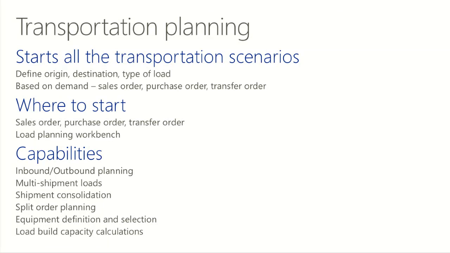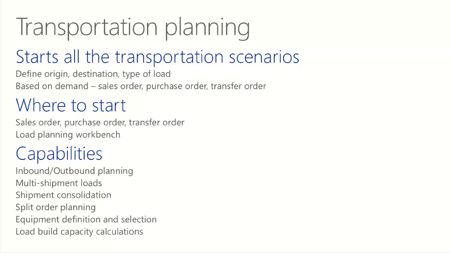In AX, in the TMS module, this is always based on some kind of demand. So that demand needs to come either from the sales order, the purchase order, or the transfer order. And again, I would like to point out that these orders do not necessarily need to be in complete state or confirmed state.